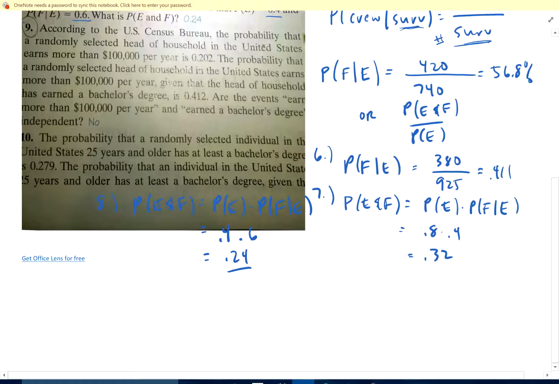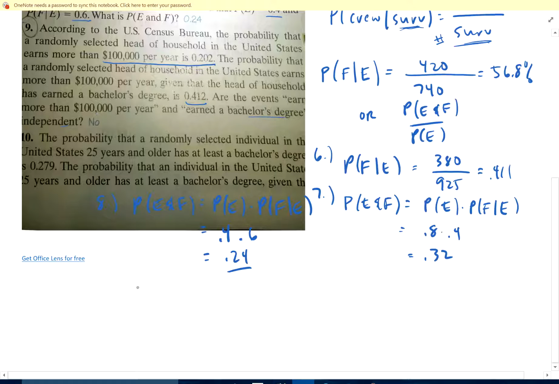According to the U.S. Census Bureau, the probability that a randomly selected head of a household earns more than $100,000 per year is 20.2%. Wow. The probability that a randomly selected head of a household in the United States earns more than this, given that they have a bachelor's degree, is 41%. Are the events earned more than $100,000 and earned a bachelor's degree independent?